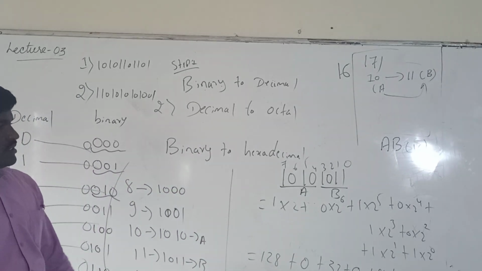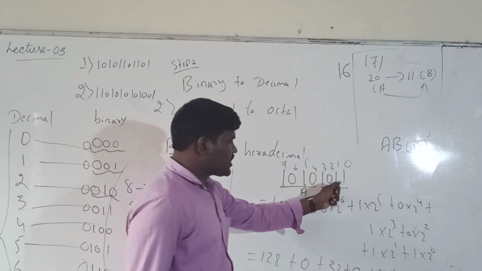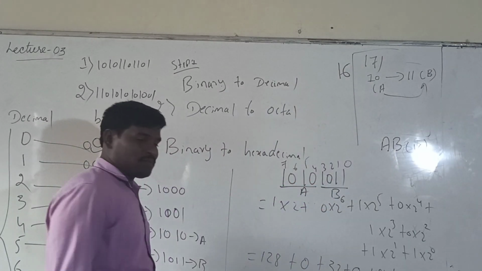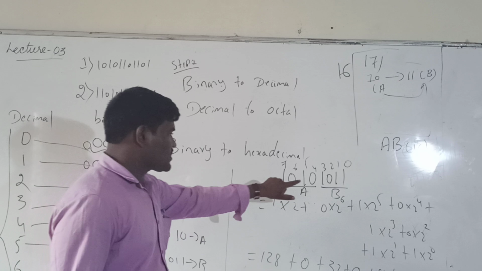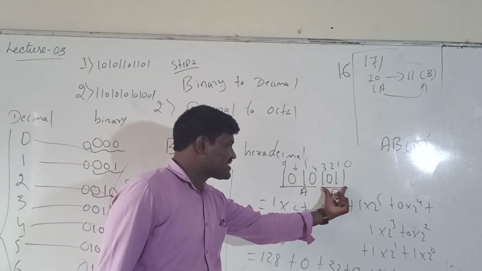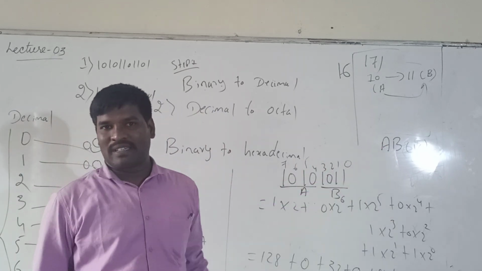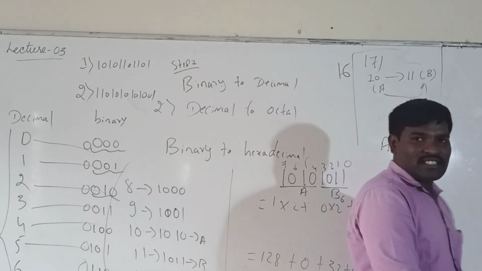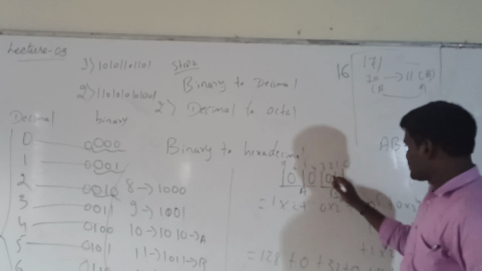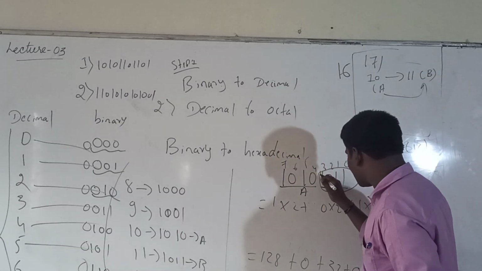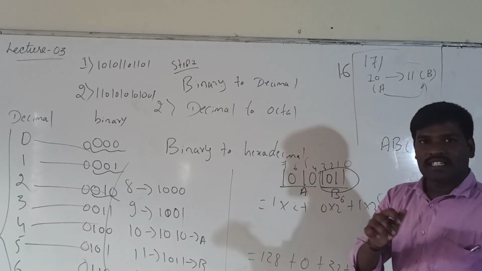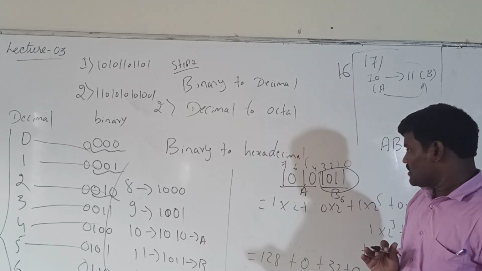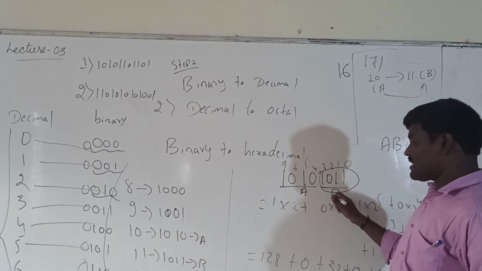Suppose it is difficult to remember the chart, do one thing: convert each 4-digit group to the decimal number system and mention the hexadecimal value.